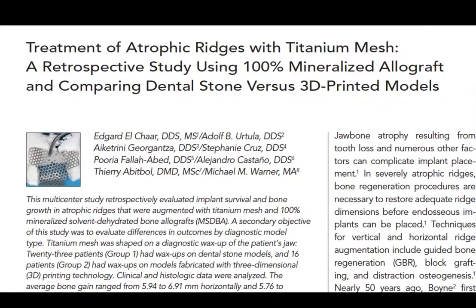Then that brings me to that paper that I wrote where I introduced 3D printing, and I did it with my resident at that time and some of the faculty. And when we did it, we used a medical grade titanium mesh, 100% allograft that we layered, but the most important is we put in that paper how we manage the flap, how we manage the 3D printing.